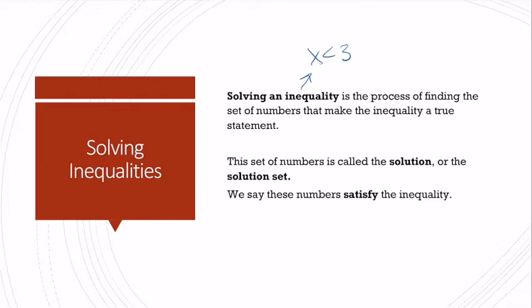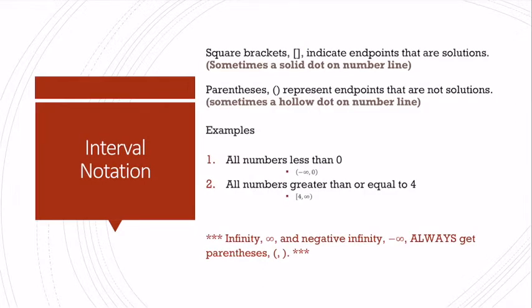So the set of numbers that make x less than 3 a true statement is called the solution or the solution set. And we say that any of those numbers satisfy the inequality. So let's say, for example, x is less than 3, and I want to graph this on a number line.